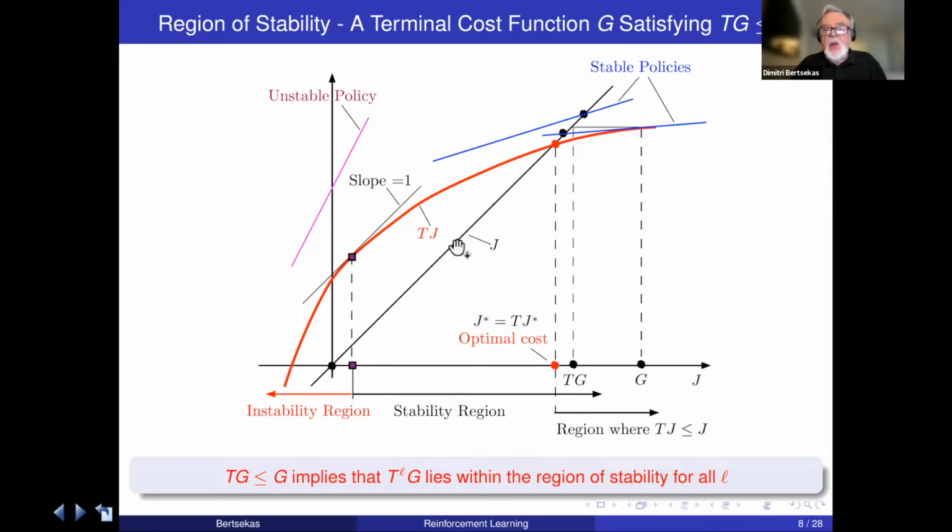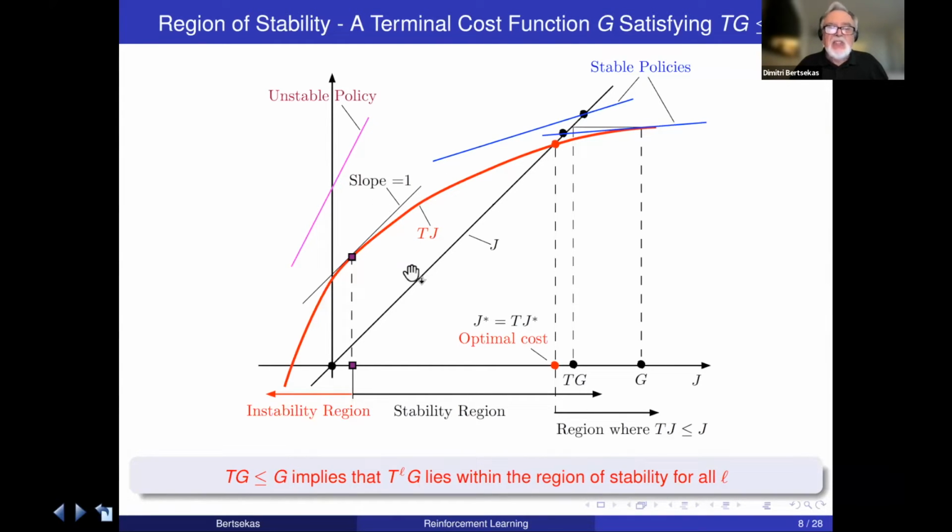And we have interpreted one step look ahead with cost function approximation J tilde as follows. We go up here and we find the tangent policy, the policy that comes the lowest towards approaching the point T J tilde. And that is the graph of the one step look ahead policy.